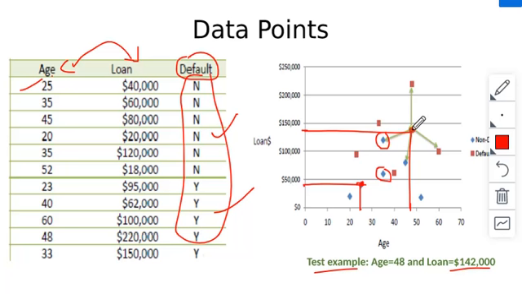Once the distance is calculated, the data point which has the shortest distance decides the category or class the test data will belong to. This is the basic concept of the nearest neighbor. We will see it in detail in the coming slides.